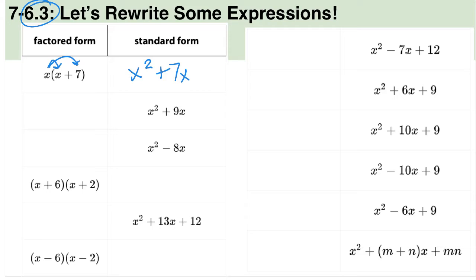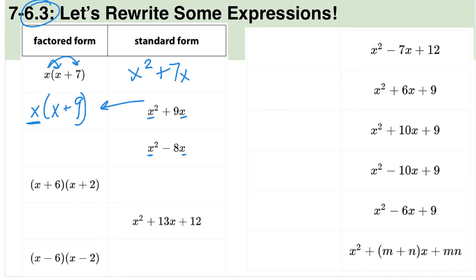Going from the standard form to the factored form right here, I would write that as x times x plus 9. Now, one hint that's helpful here is that I see that I have an x in each term, so that's really a common factor. So I can factor that out here, and then if I take that times x plus 9, I would get back to x squared plus 9x.